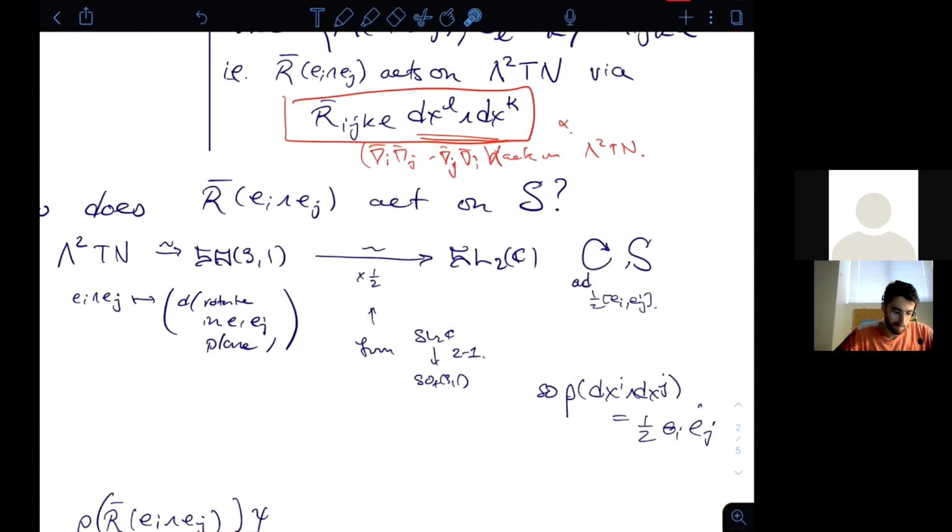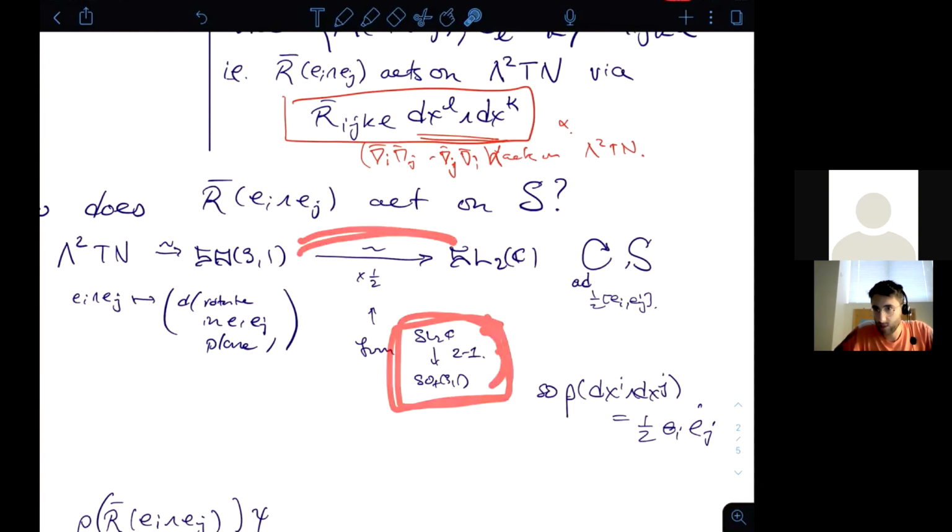Okay, good, that's on one hand. Now on the other hand, remember we have a map from SL(2,C) to SO+(3,1). That's Spin(3,1), that's the double cover map. So the Lie algebras of these two things are definitely isomorphic.